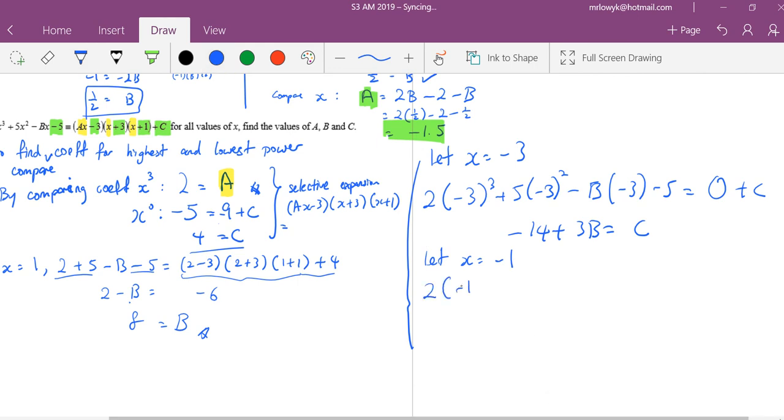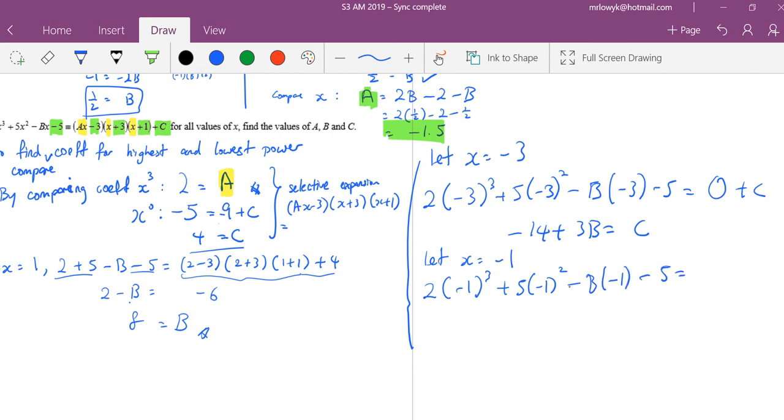Cross reference with this one on top. You can use the hybrid. But I assume you don't like this, you just do purely substitution.